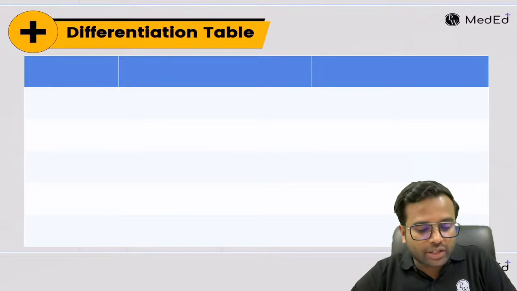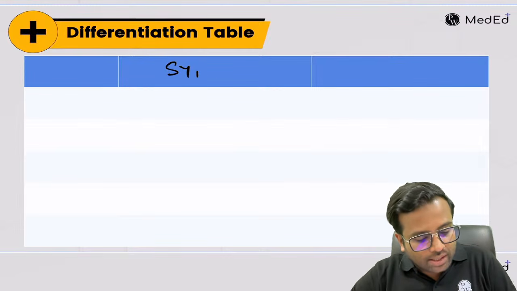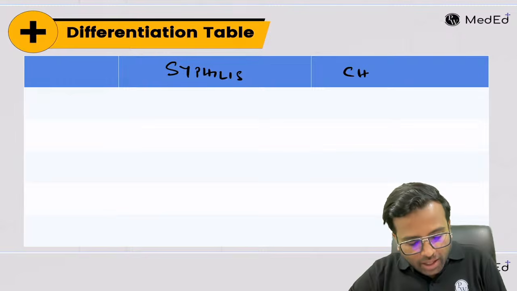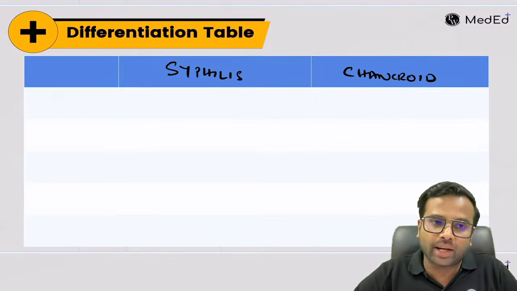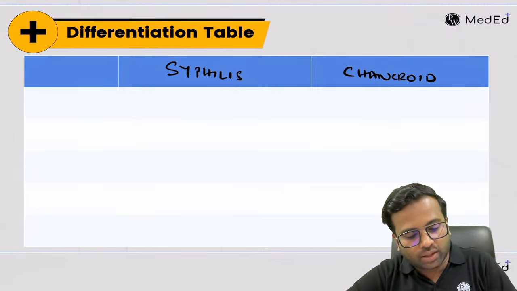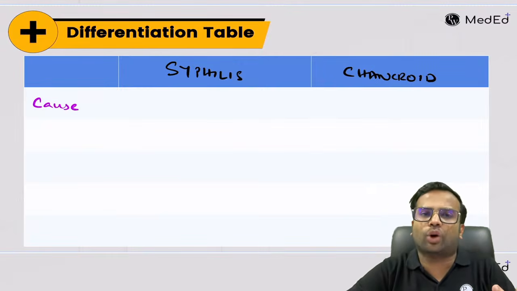So when we differentiate, let us first write down syphilis in the first column and chancroid in the second column, right? First let us write down what is the cause. The first is going to be the difference in the organism.